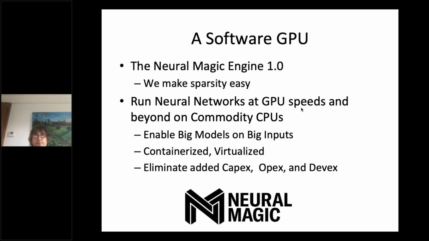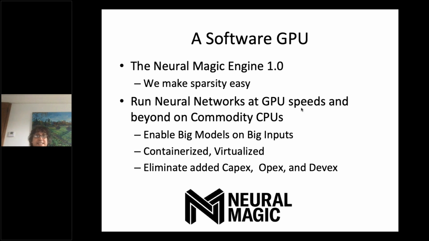So this is the software GPU. This is what Neural Magic makes. Our Neural Magic Engine 1.0, which is coming out of beta somewhere this summer, okay, makes sparsity easy. You sparsify your network and you can run it at GPU speeds, okay? And what this does, it enables you to run big models on big inputs, things that don't fit in accelerator memory.